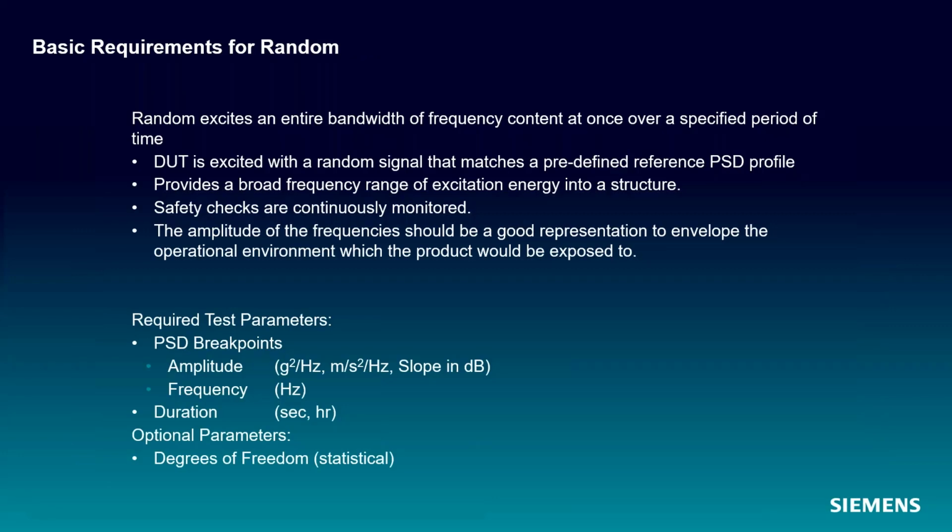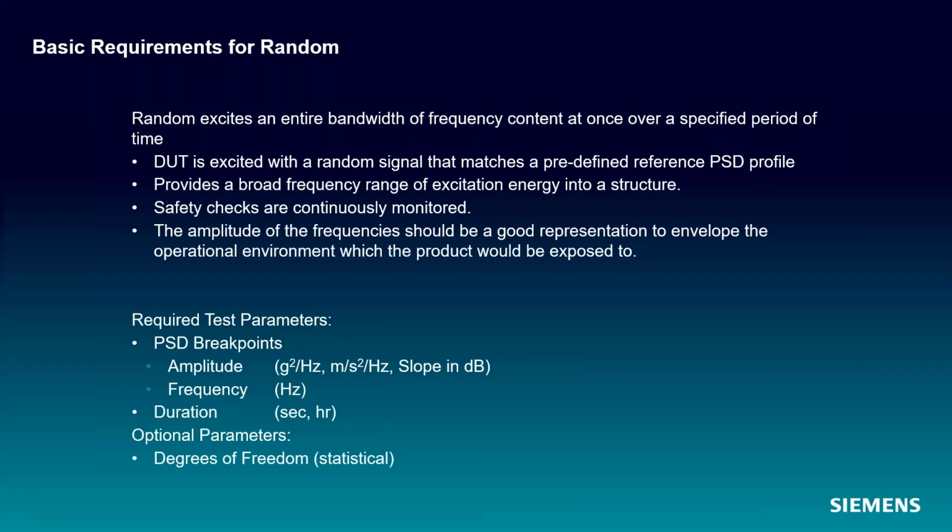So random covers an entire bandwidth for a specified period of time. At a bare minimum, to run a random test, you need random PSD breakpoints, which come in pairs of amplitude and frequency. You need to know the duration at full level.